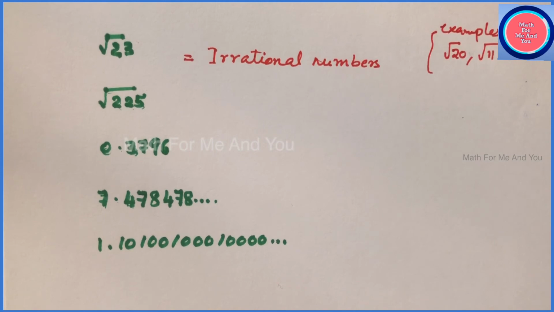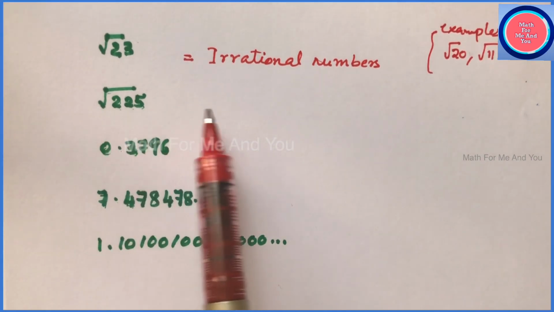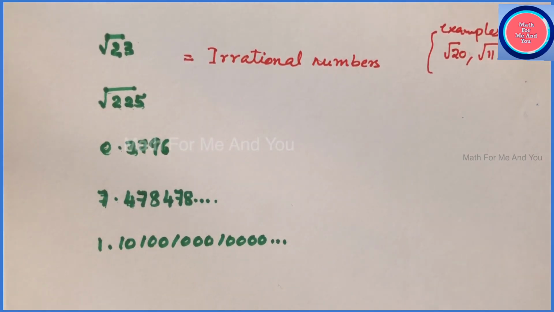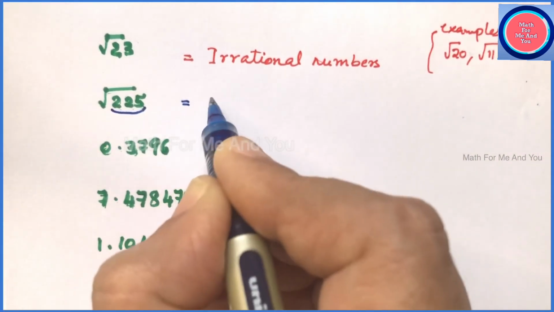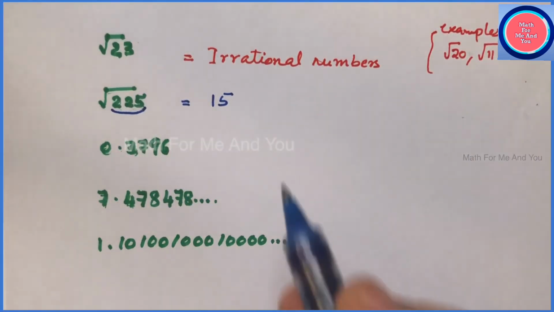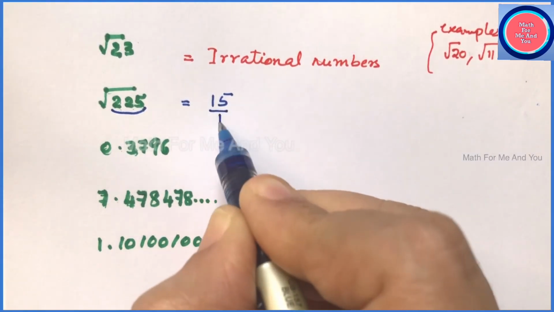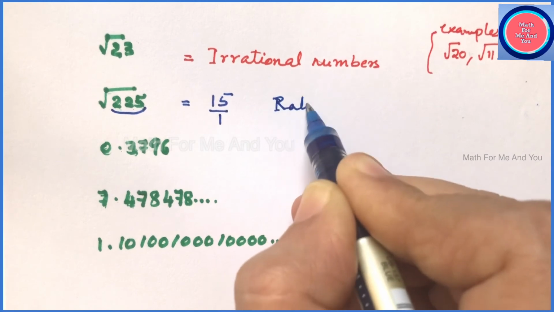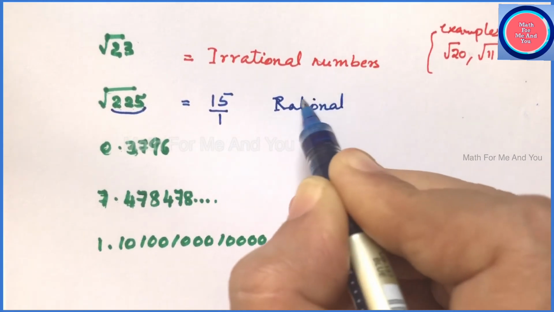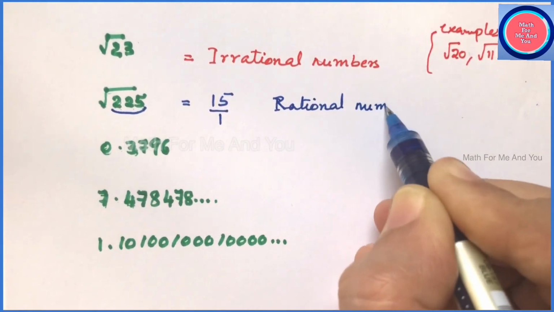Look at the next question. It is also a root number, root of 225. But what is the under root number? The under root number is 225, a perfect square. We can write its square root as 15. And what is 15? When we write 15 by 1, we can write its p by q form, where p is an integer, q is an integer, numerator, denominator.